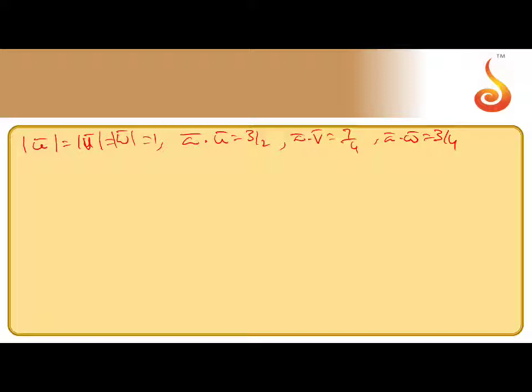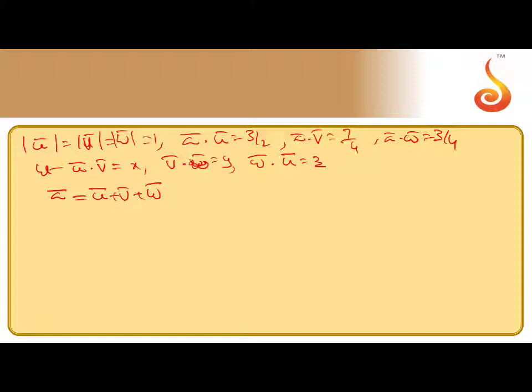Now we assume u dot v equal to x, v dot w equal to y, and w dot u equal to z. And further, a bar equals u bar plus v bar plus w bar is given.